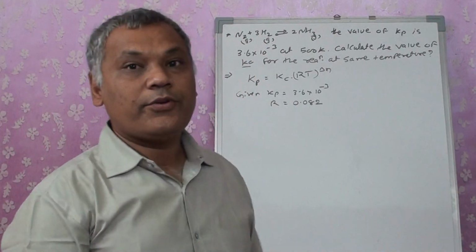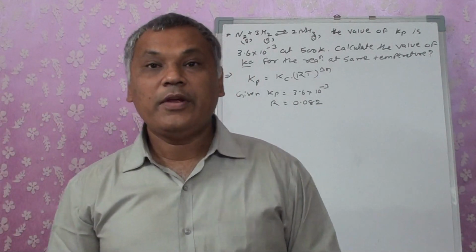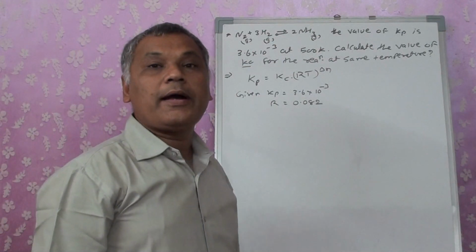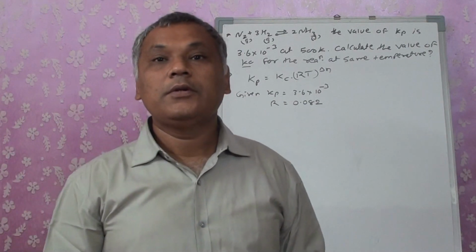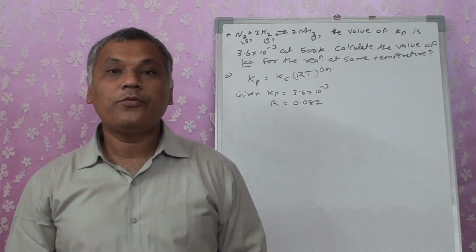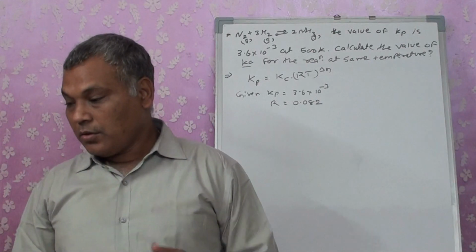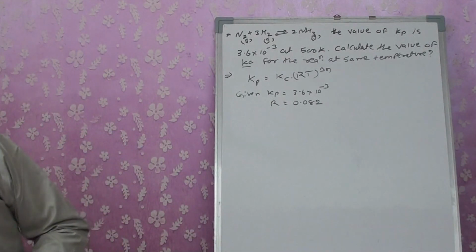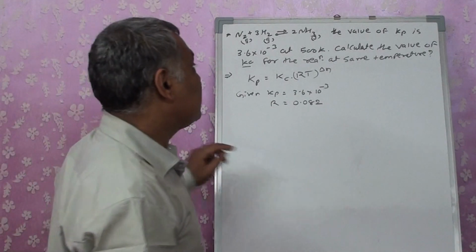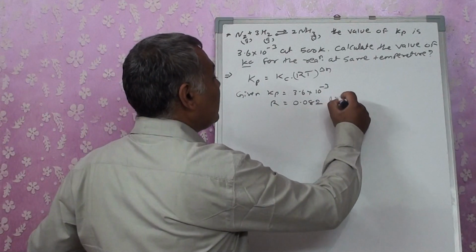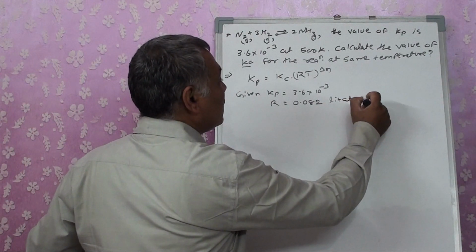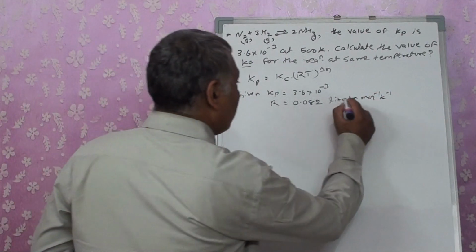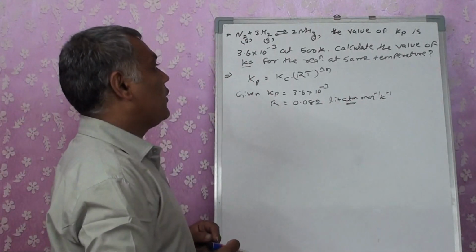We have different values of R, but for gaseous components in the reaction, the pressure is measured either in atmosphere, or in Pascal, or maybe in bar. They have not specified the unit, and that's the reason we are taking it as liter atmosphere mole inverse Kelvin inverse, so that we get the value in terms of atm.